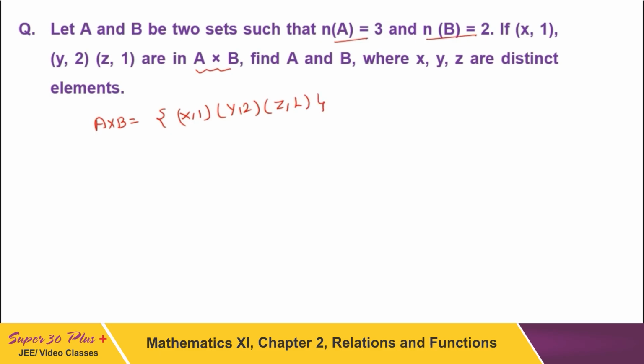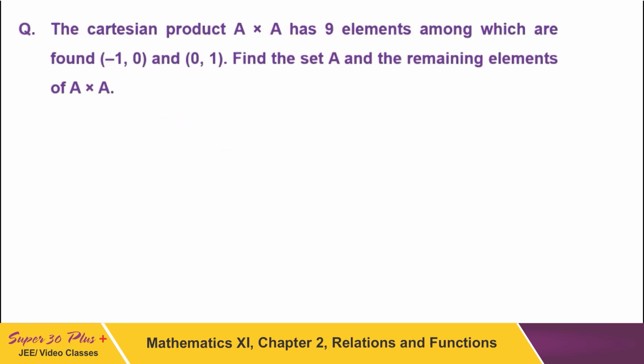As we know, first elements come from set A and second elements come from set B. Means you can write set A as x, y, z. As we know n equals 3, then it is over. Then for set B, the second elements mean it is 1, 2 and the number of elements is 2, then it is okay. Now the set A is here and set B is here.